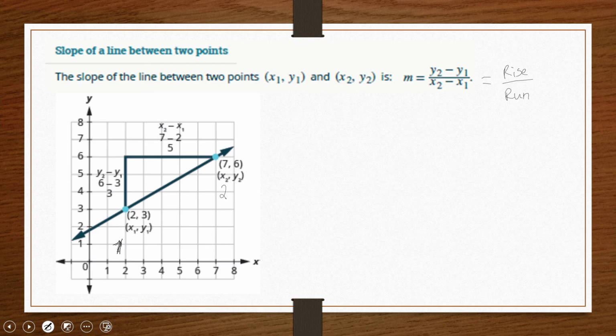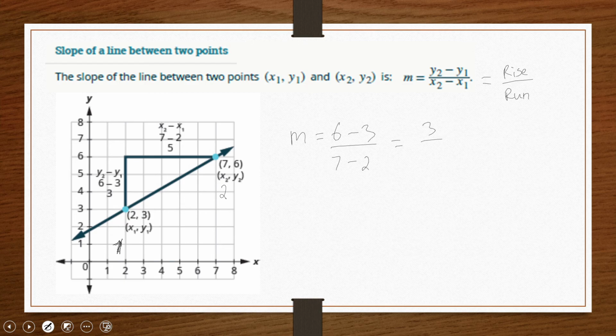So you can see that, for instance, if I were to substitute in for my equation, my numerator is the difference in y values, which is 6 minus 3, and my x2 minus x1 value substitutions will be something like 7 minus 2. And so in the numerator, I get 6 minus 3 is 3.